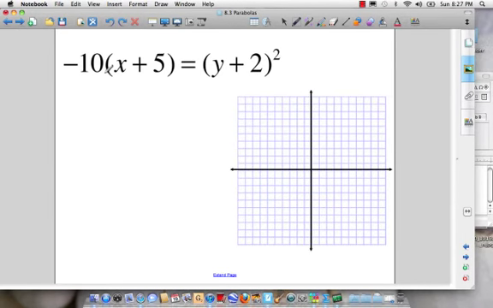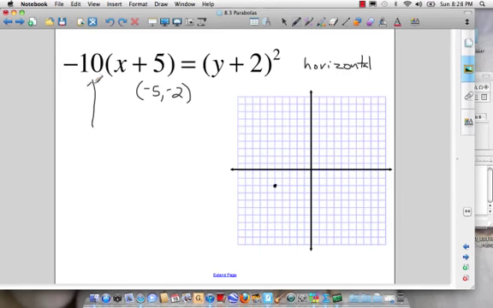Okay, next example. This time, notice that the y is squared, so this one's going to be horizontally aligned, not vertically, so it'll open either left or right. The vertex, well, h comes from x + 5, so h is −5, k is −2. So here's our vertex.